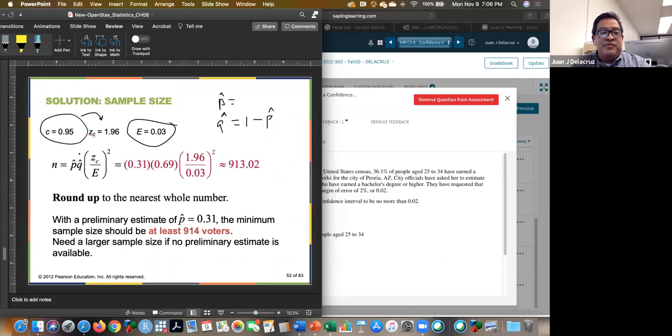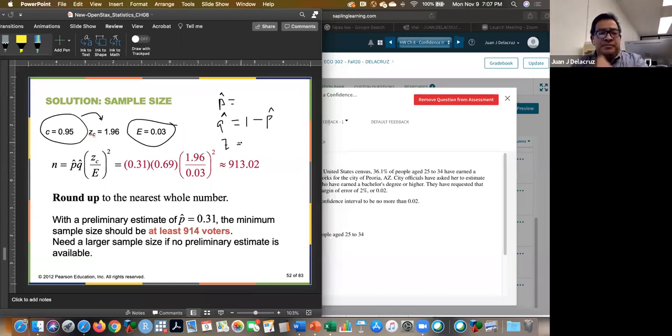So you have half of your information here. All you need to find is the C-score. Because these are proportions, it's very easy. The 95%, you find the C-score based on the 95%.